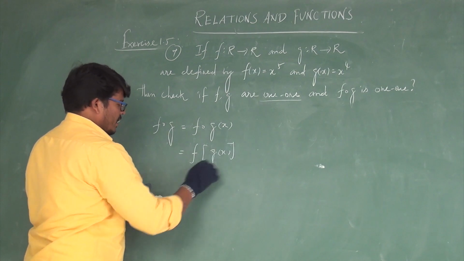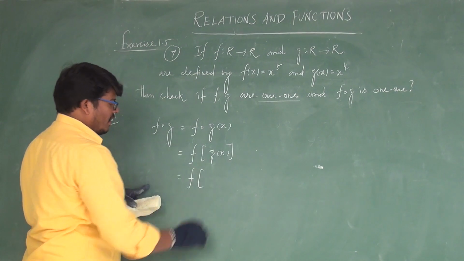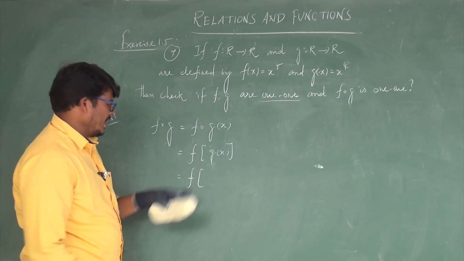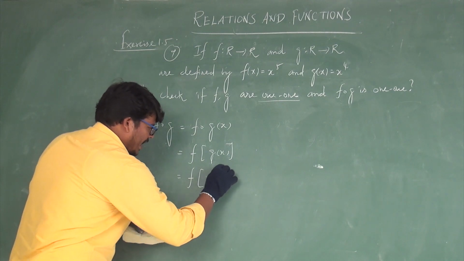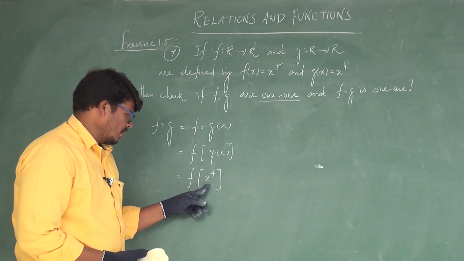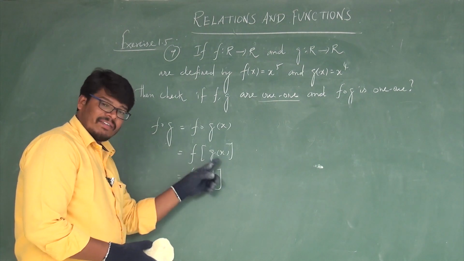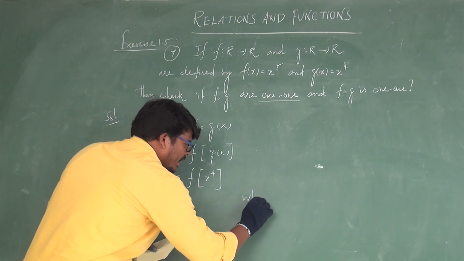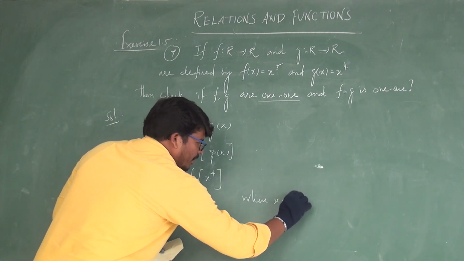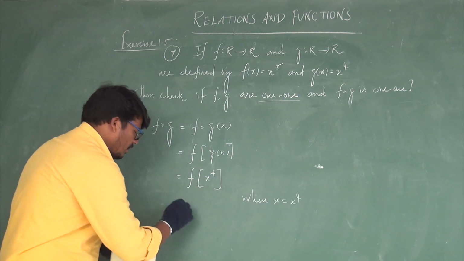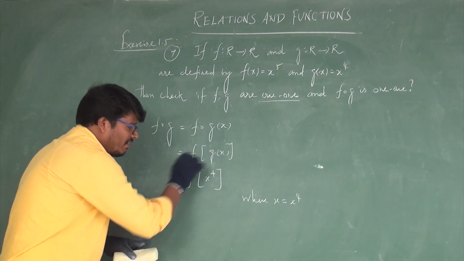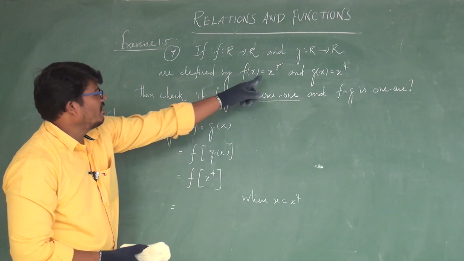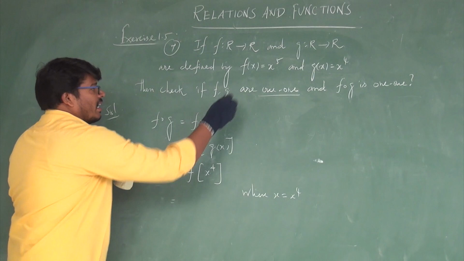Given g of x is x power 4, the entire function is f of x, where x is replaced by x power 4. Substitute into the function f of x, which is x power 5.